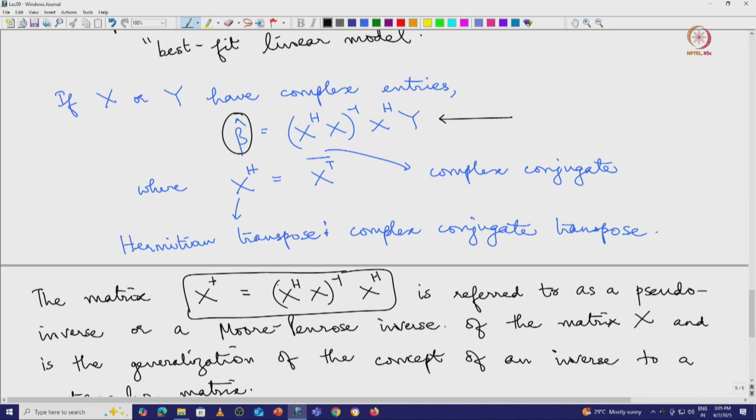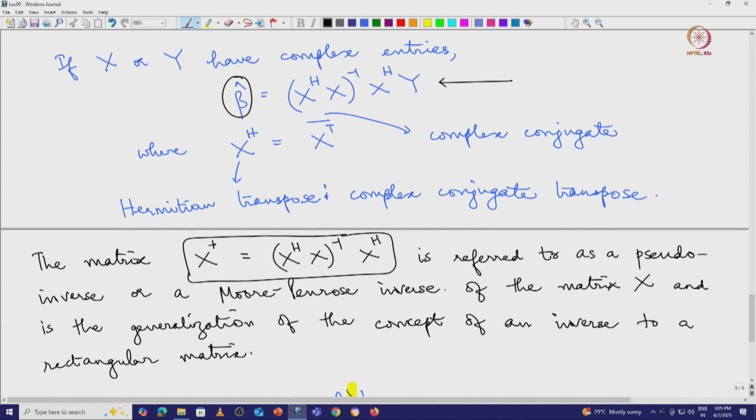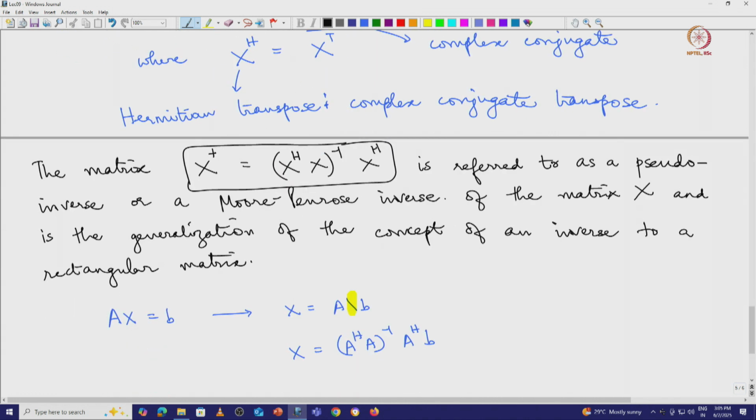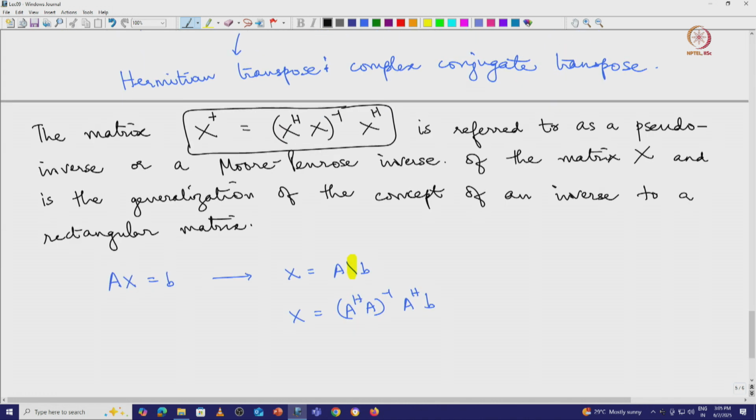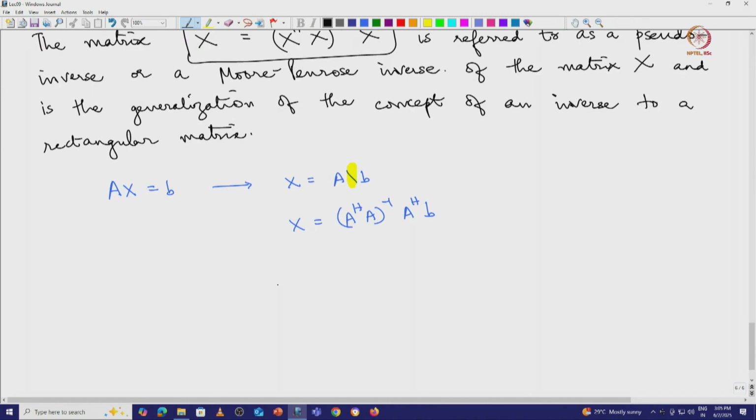We already saw that one of them is the sum of squared error or the mean squared error, and you could also define the root mean squared error, which is the square root of the mean squared error. However, there is also another quantity known as the coefficient of determination r squared that is defined to quantify the accuracy in many cases. So let us look at how this r square is computed.